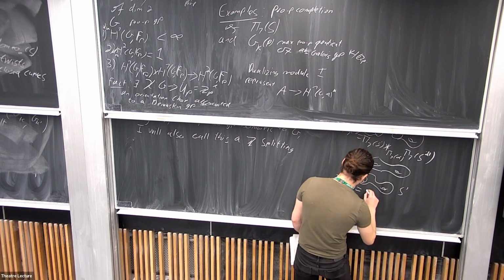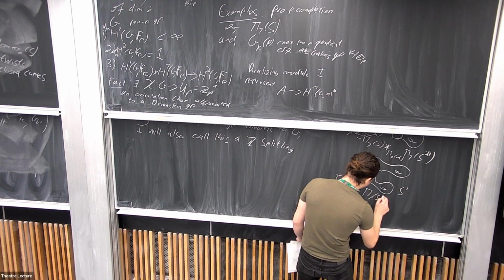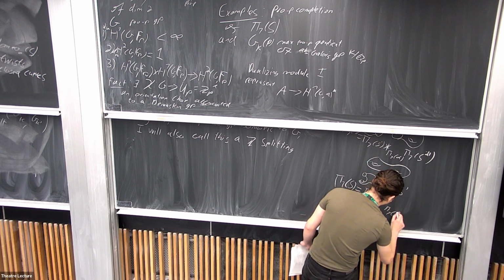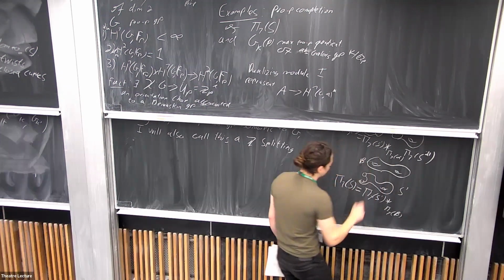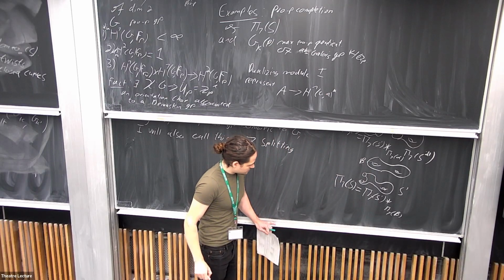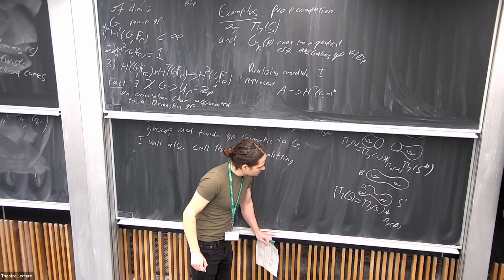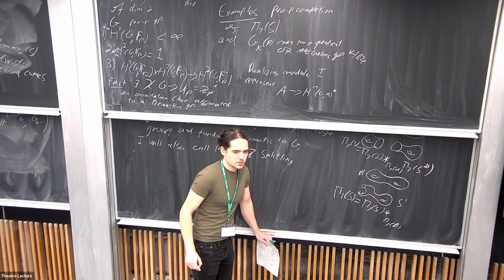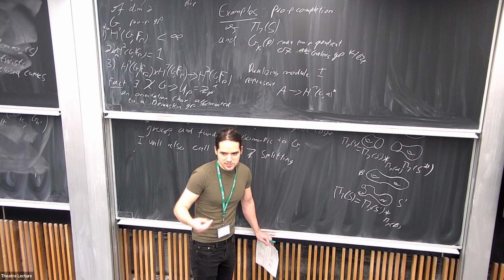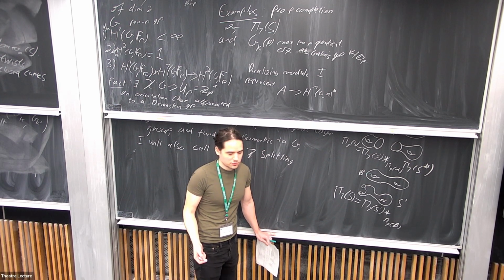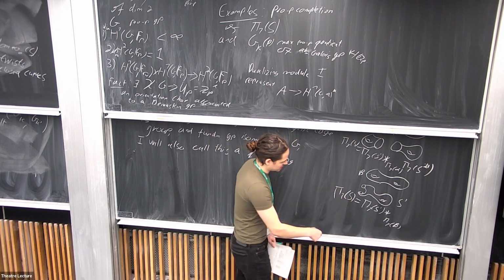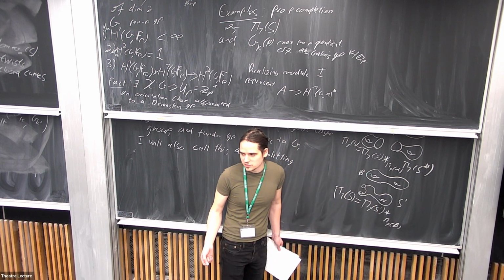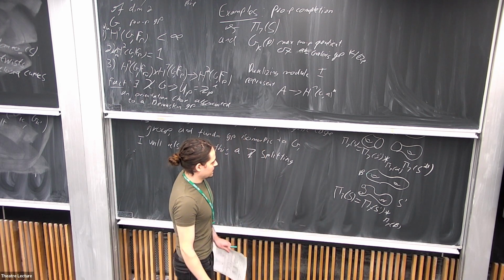This is pi_1 of S prime with pi_1 of beta. And if I have multiple non-intersecting curves, then I can iterate this process to write the fundamental group of a surface as fundamental groups of simpler or smaller surfaces, of lower genus.